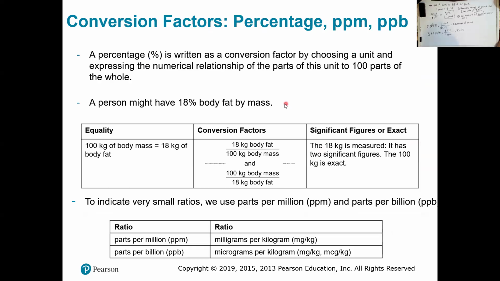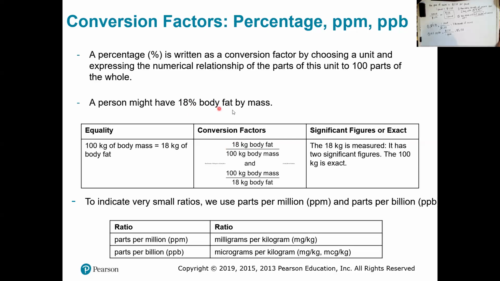We can do the same thing with percentages as well. And you'll see that percentage, ppm, which is parts per million, and ppb, which is parts per billion, these are all values that are very closely related to each other because all of these calculations start by taking a ratio, like what you have down here.